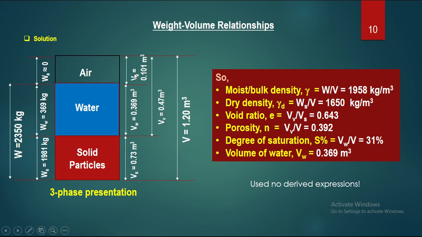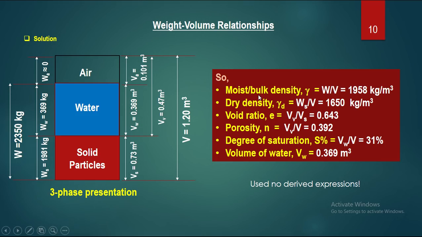Now if you want to find your moist density, all these things, once all the values in this three-phase diagram are known, you can find anything. That is a piece of cake now.